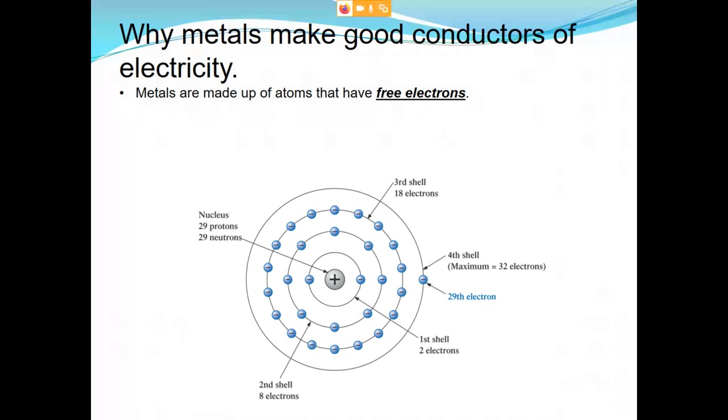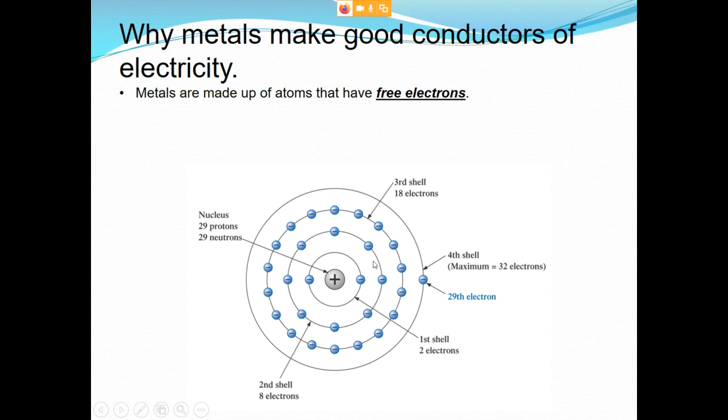In this case, what we're looking at here is copper, and copper has 29 protons. So if there's no electrical charge on it, it'll have 29 electrons. But when you look, the inner band will only accept 2 electrons, the next band out will only accept 8 electrons, and the third one will accept 18 electrons, but that only gives us 28 electrons.